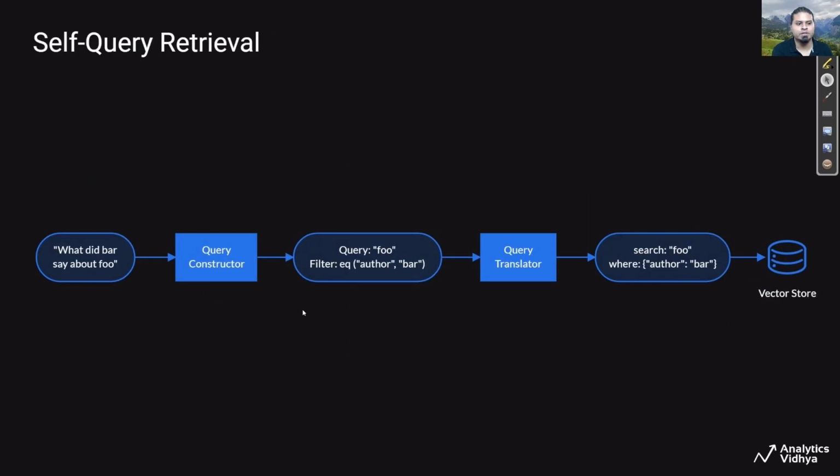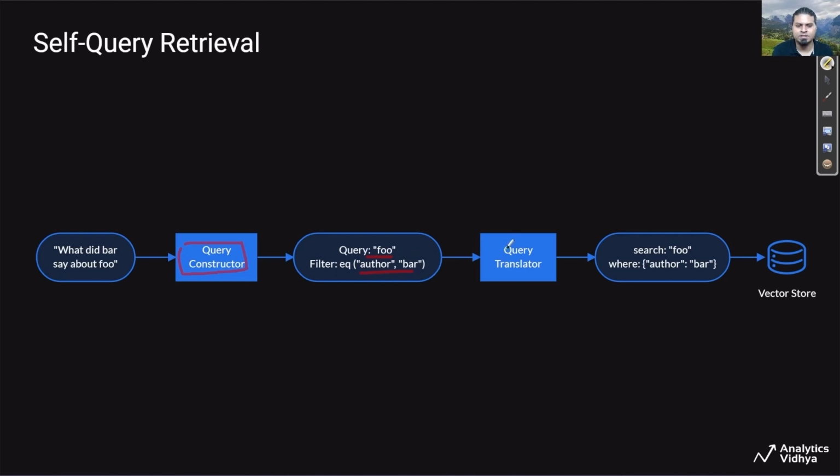Self-query retrieval is basically where you have an unstructured natural language question in complete text, and then that is sent into a query constructor. The main task of the query constructor is to figure out which part of the question is a natural language question and which part could be a filter, right? Which is a filter based on certain metadata or certain other attributes, not based on the content.